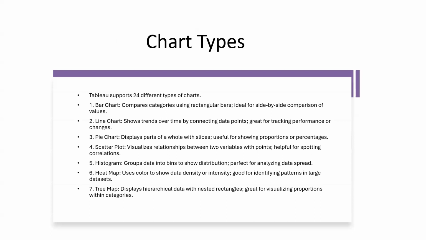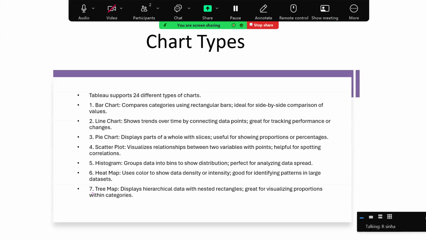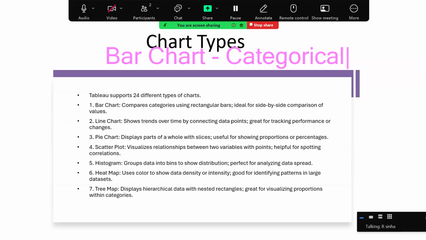Do we have any conditions or rules that only these charts should be used when we create charts? Suppose a bar chart: we use x and y axes, in two-dimensional or three-dimensional space, x, y, z axes, and we try to show our data that way. For example, bar chart and column chart we can take for categorical things.